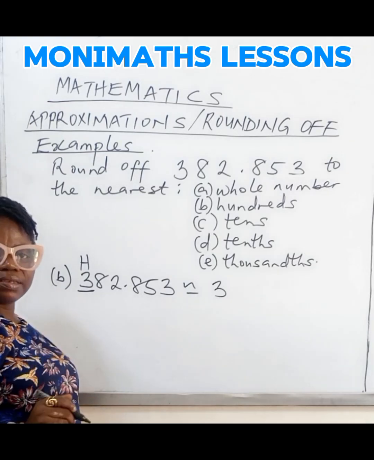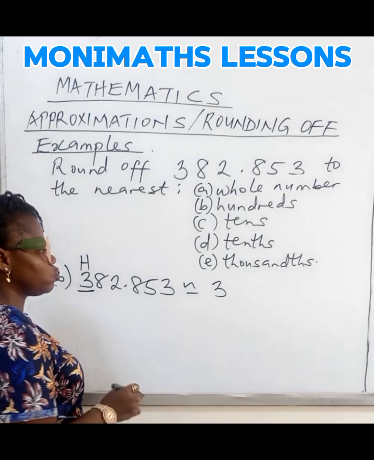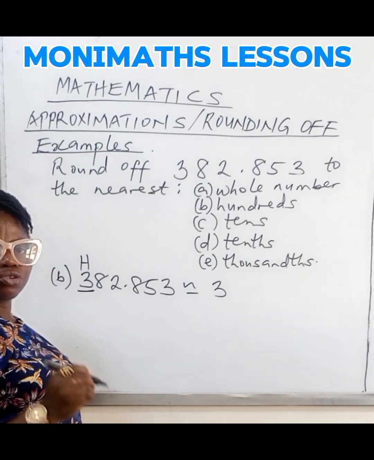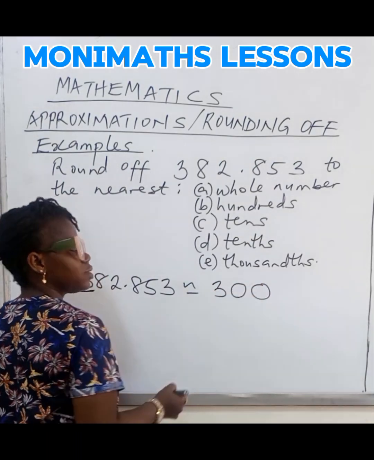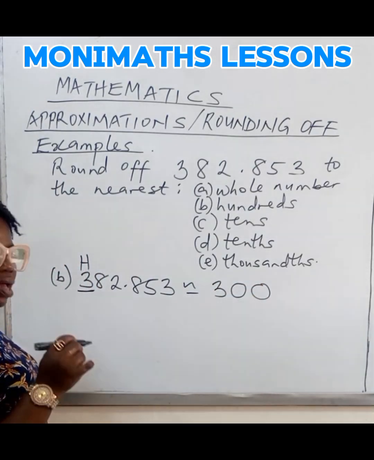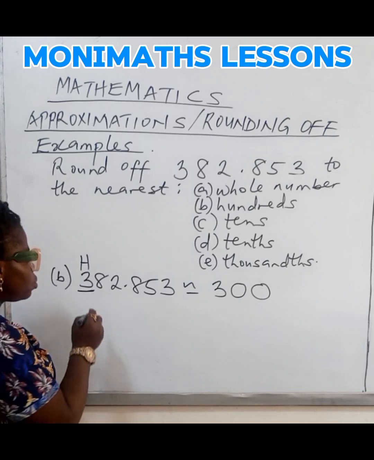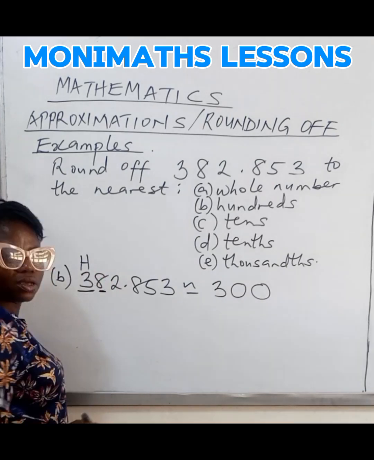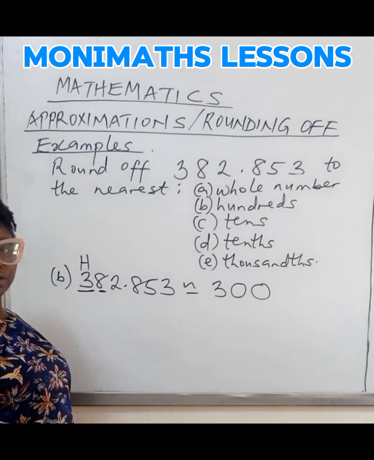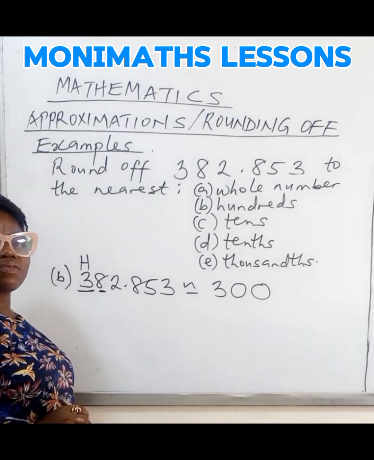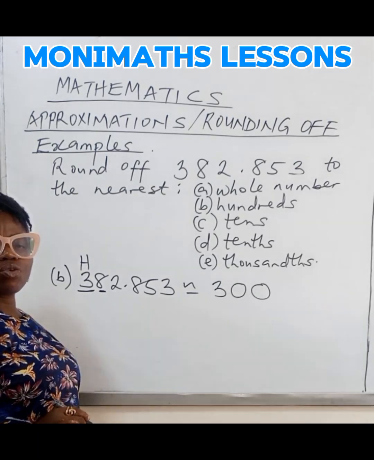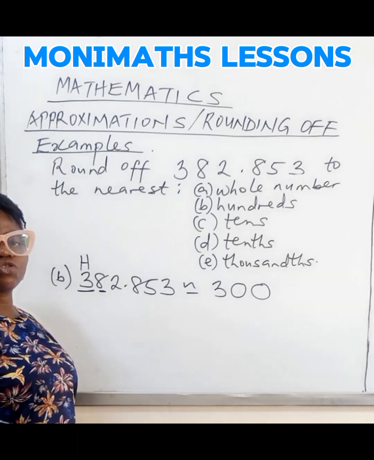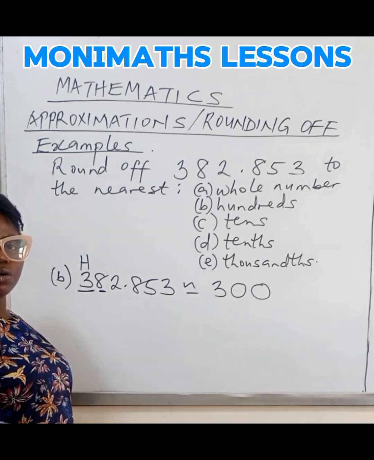there must be tens and units. So in the places of tens and units will be replaced with 0 and 0. But I won't just leave it like that. I will look at the immediate digit after the 100. If the immediate digit after the 100 is up to 5, it will be rounded up as 1 upon the 100.